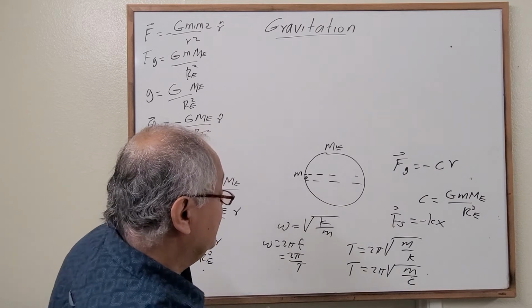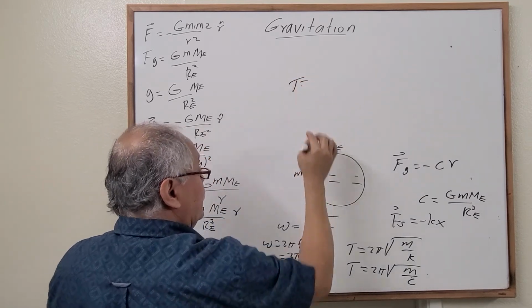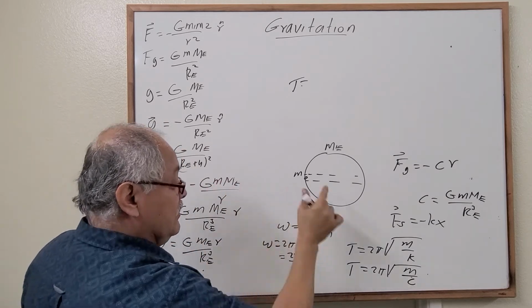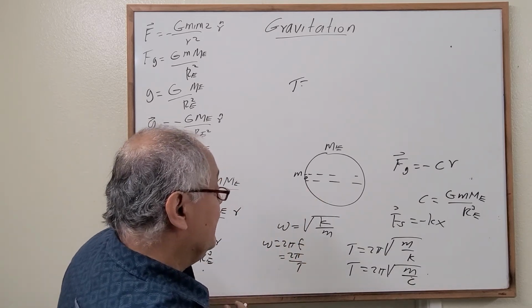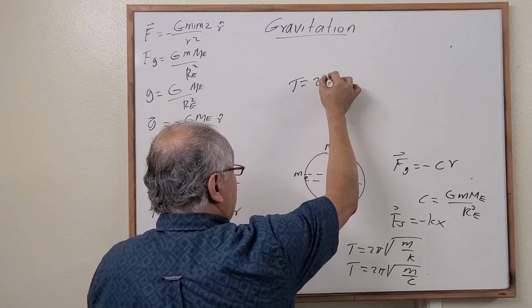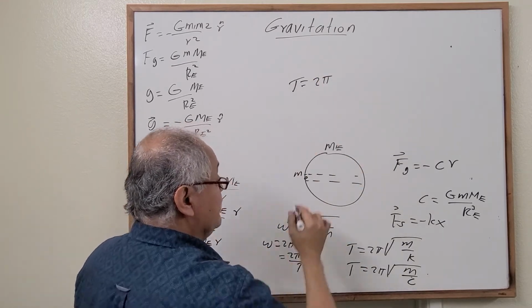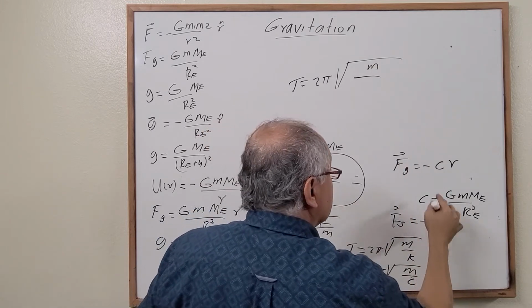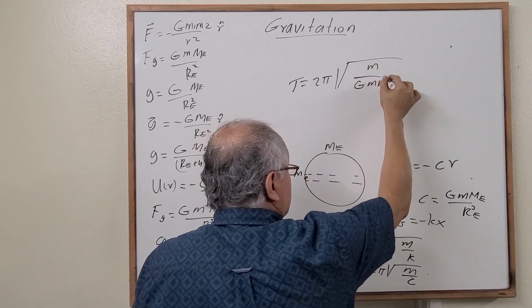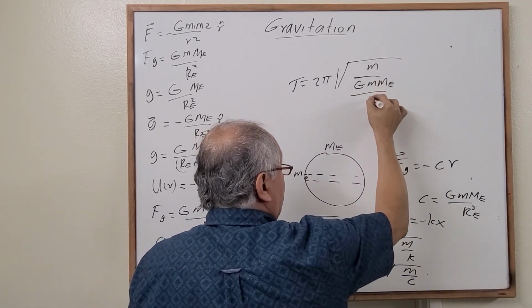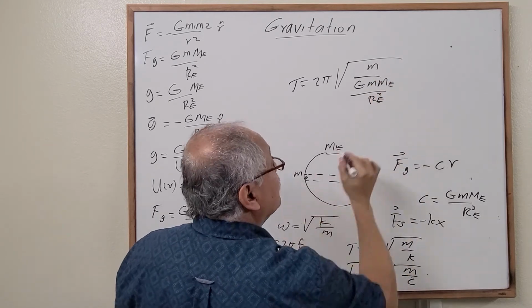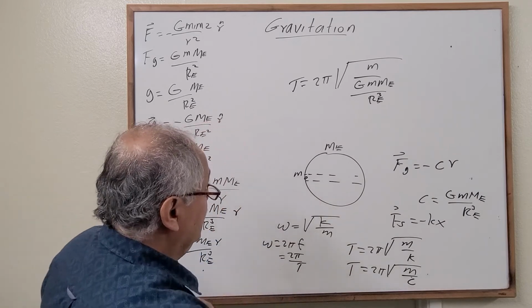So we have that the period for this object inside there, it's going to be oscillating. It's going to be equal to 2 pi times the square root of mass divided by c, where c is G mass of the Earth over radius of the Earth cubed.